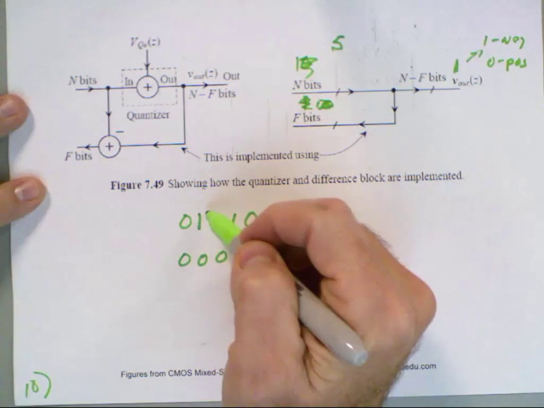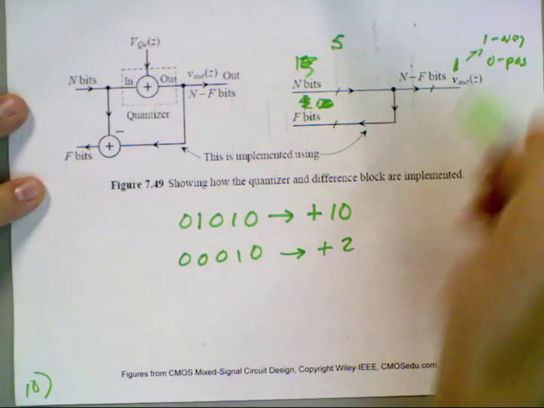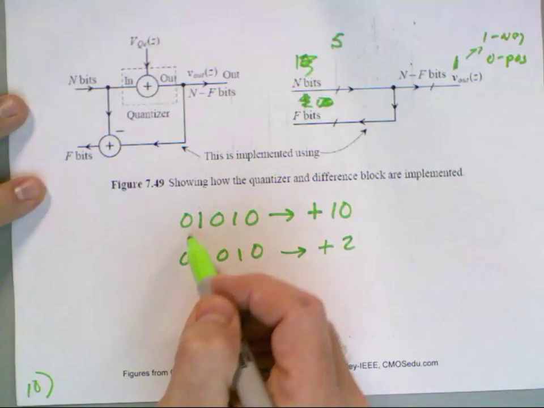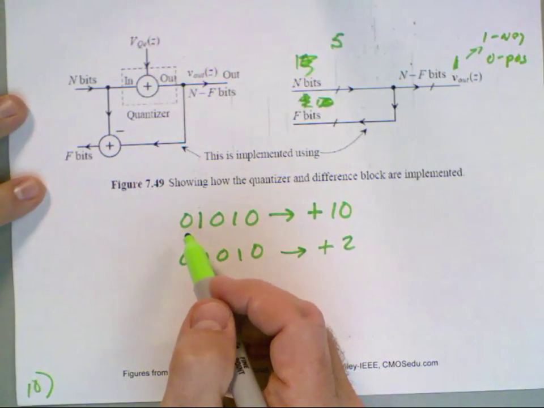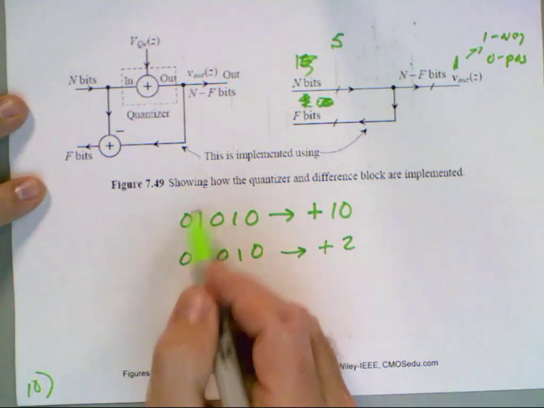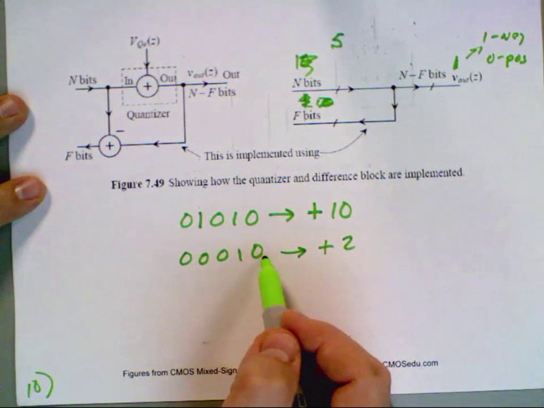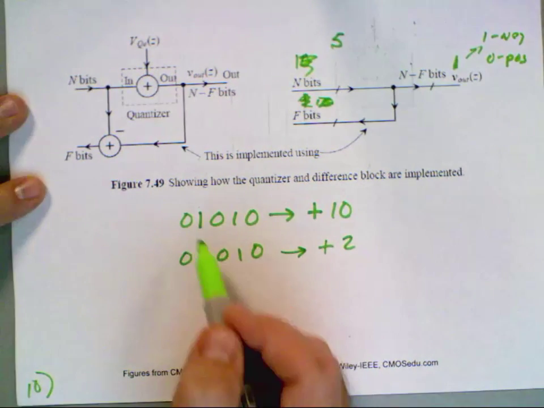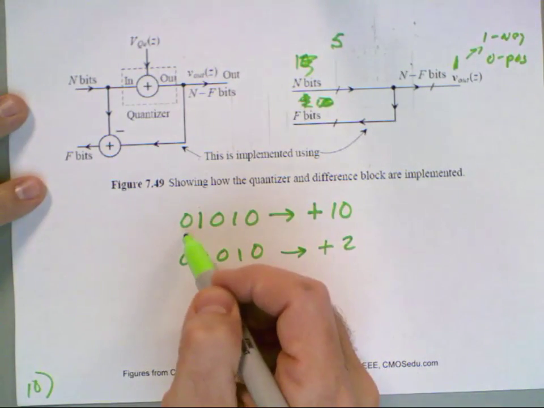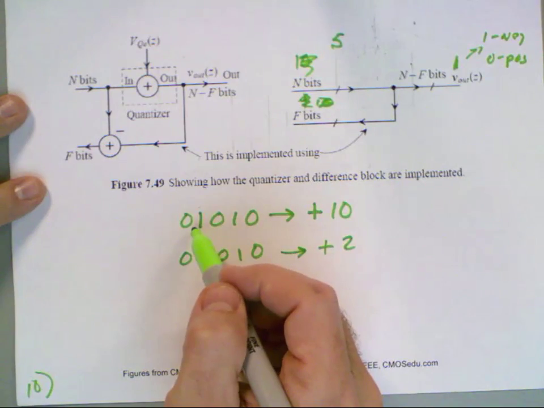Because it's, I'm sorry, I feed a 0 out, sorry. Right? And then I get rid of this bit. After you get rid of this, you're left with 0 0 0 1 0. So you get, because that's your quantization. You're saying I'm getting rid of whatever this MSB is.